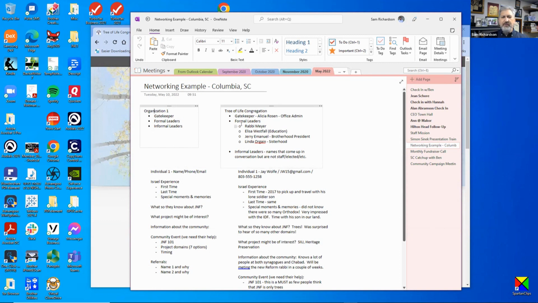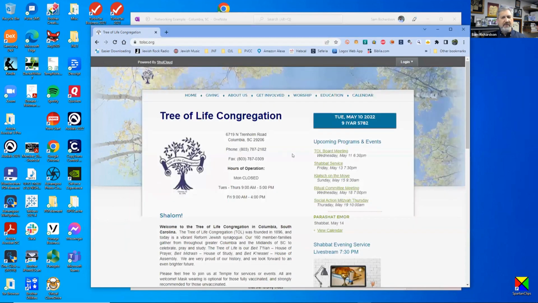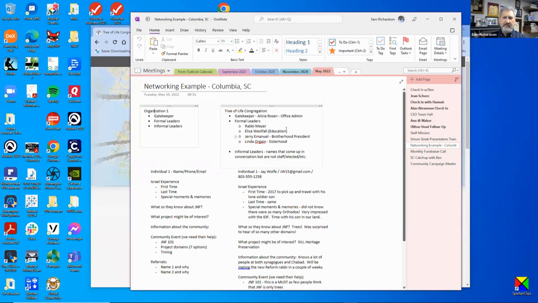But looking right now purely at institutions and wanting to understand who we're calling, it's good to have the website up. Almost any institution these days is going to have a website. So this is Tree of Life Congregation in Columbia, South Carolina. And we already have from our prior research, we know who the rabbi is.